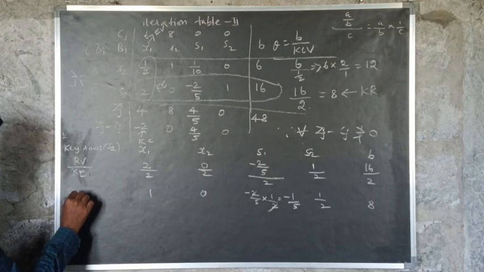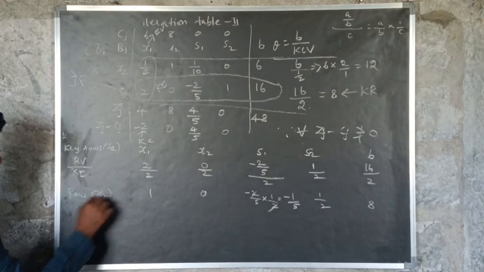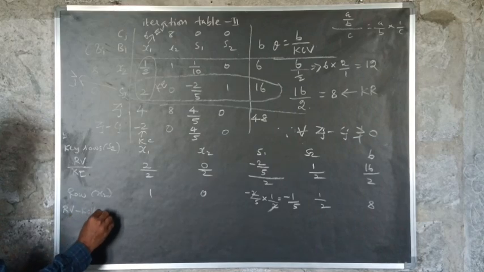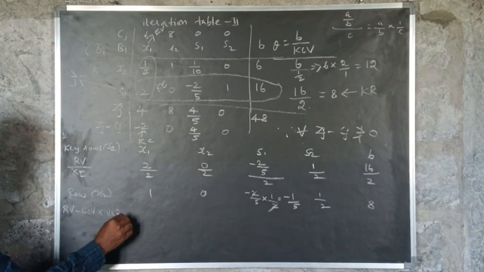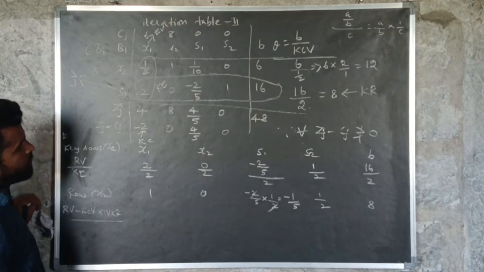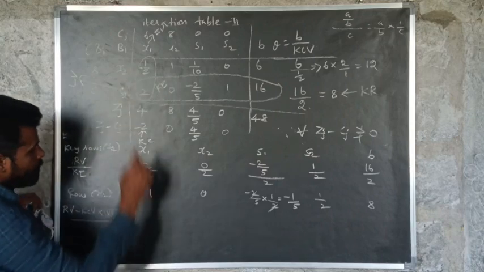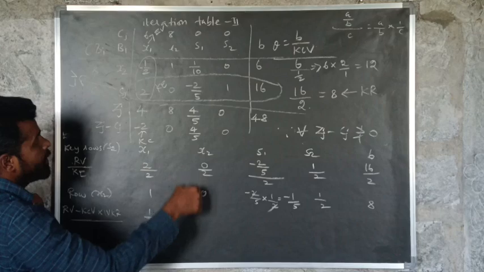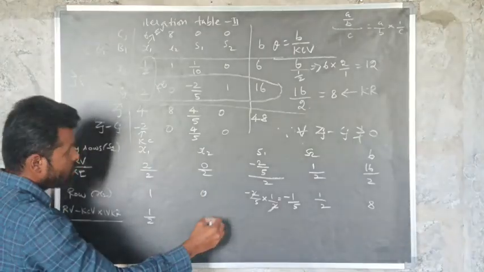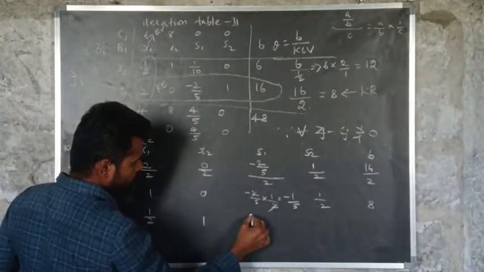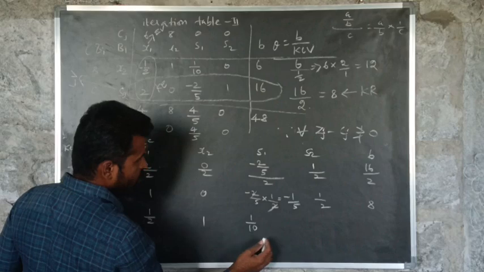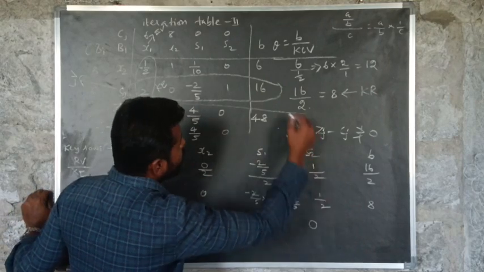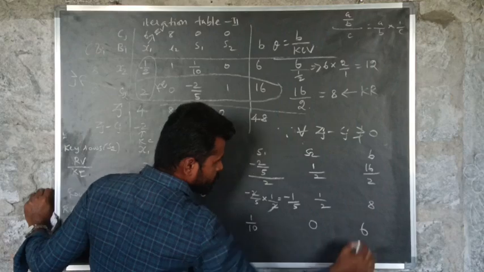So for row X2, how are we going to find the iterated value? Row value minus key column value times the iterated value of the key row. This is the formula we are going to apply. First write down the row value: for X1 1 by 2, X2 1, S1 1 by 10, S2 0, quantity 6.